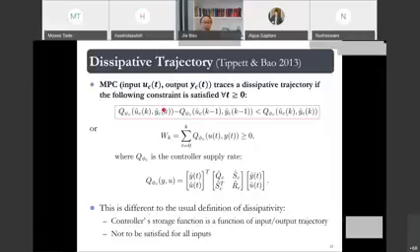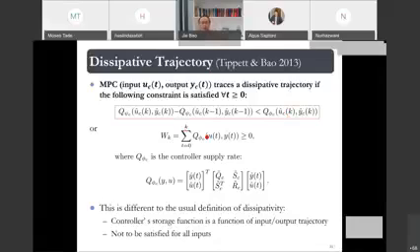So if we have a storage function of the controller, which is Q phi C, the dissipativity condition basically says that the change of the storage function is bounded by the supply rate of the controller. U_C here is the input to the controller, Y_C here is the output from the controller.